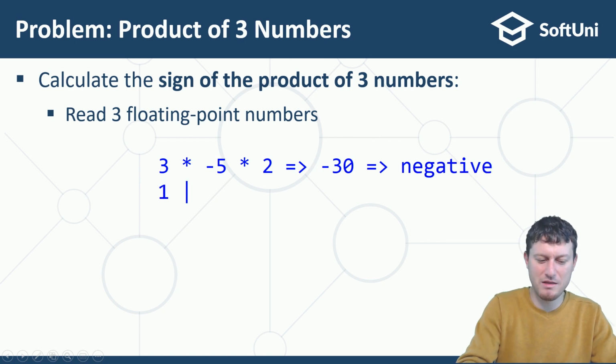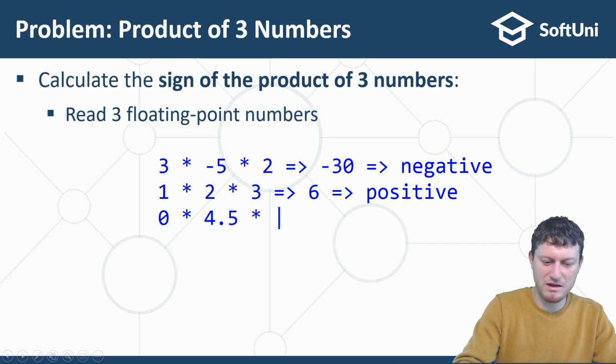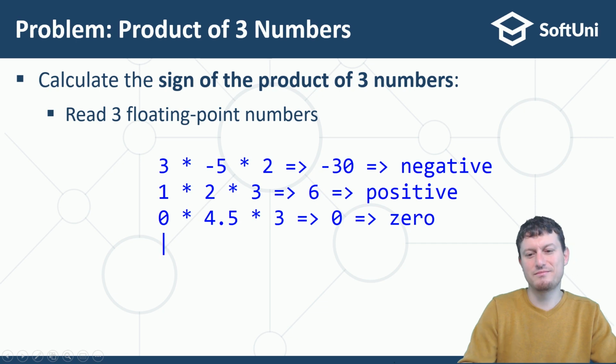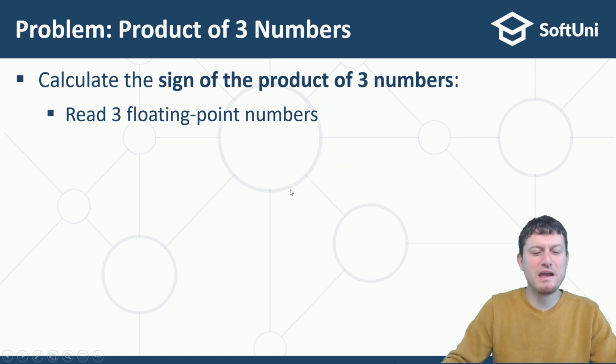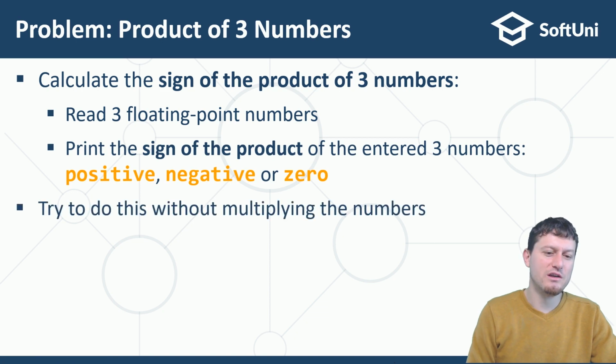If we have 1 multiplied by 2 by 3, it is 6, and it is positive. And if we have 0 multiplied by 4.5 multiplied by 3, it's 0, and the sign is 0. We enter 3 floating point numbers, and we print positive, negative, or 0.